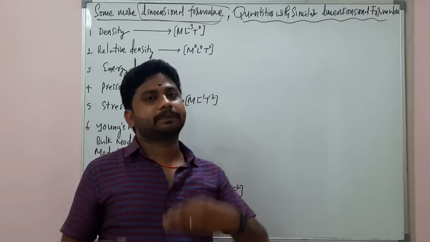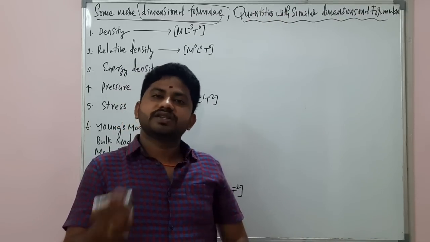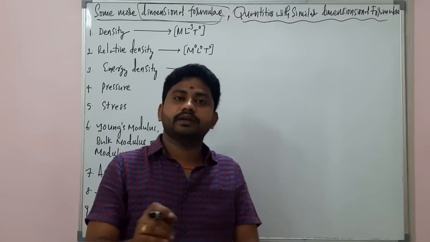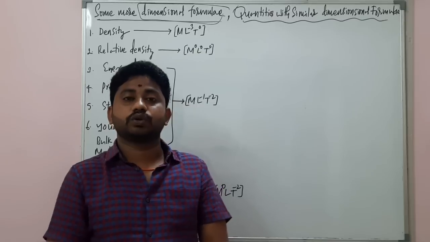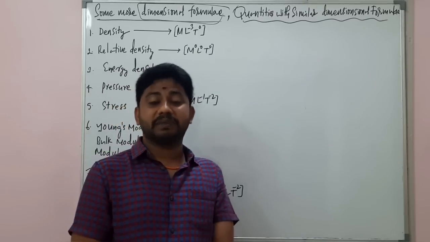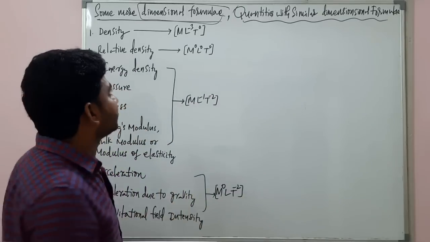Out of these 30 chapters, whatever physical quantity appears to you, start writing its dimensional formula. Then you will get a maximum of 8 marks and a minimum of 4 marks out of your physics 180 marks. Right? I hope it's very clear to you, and let's start the class.